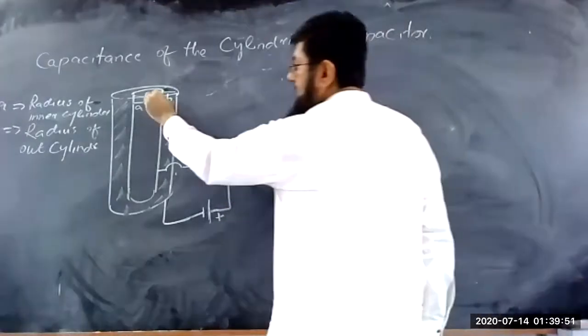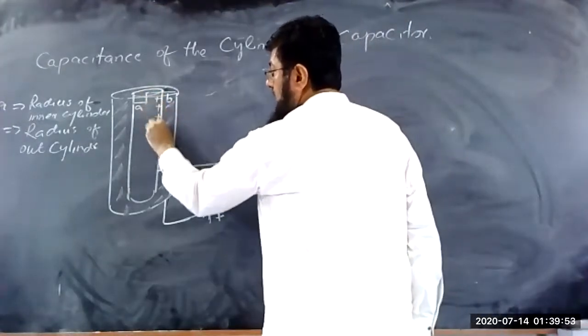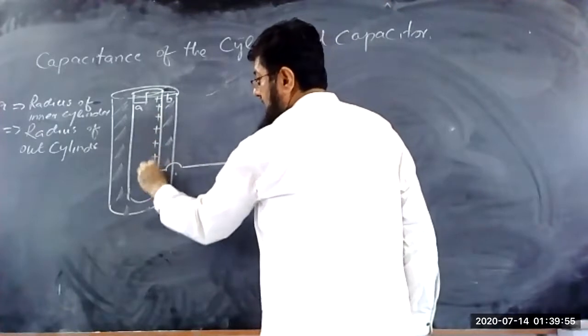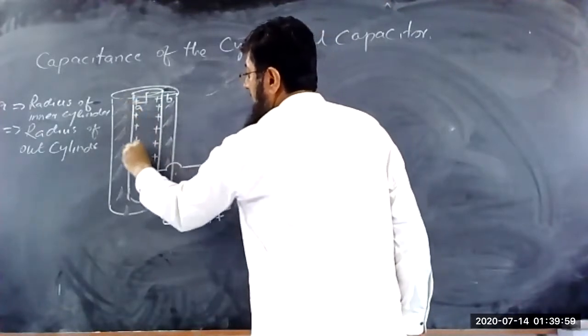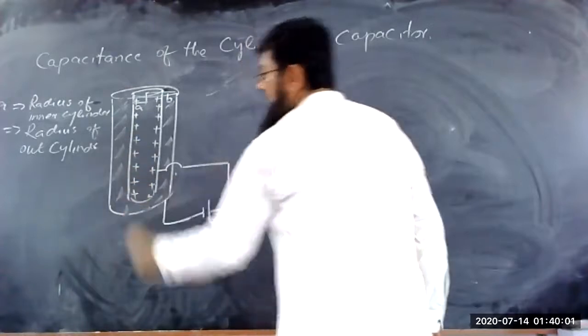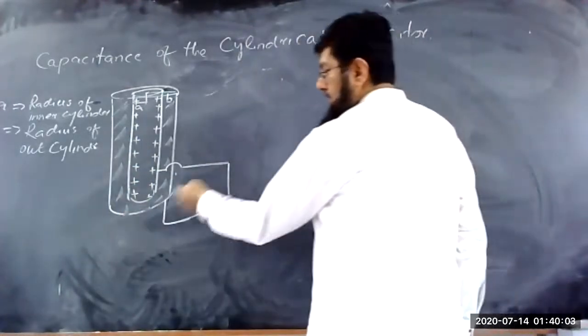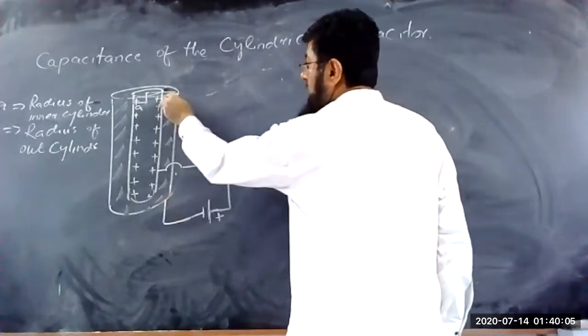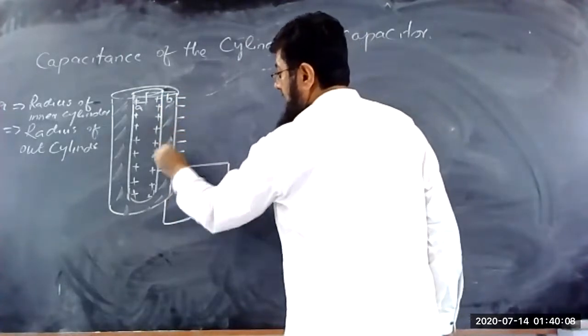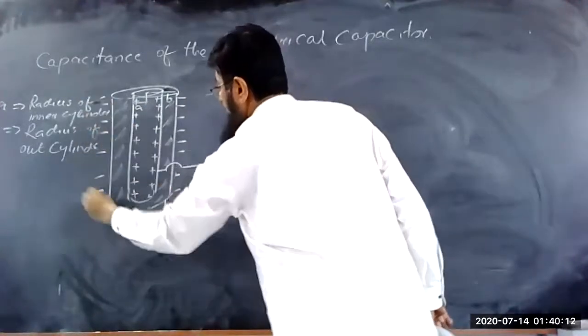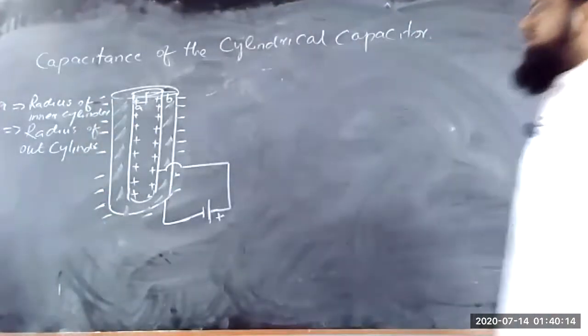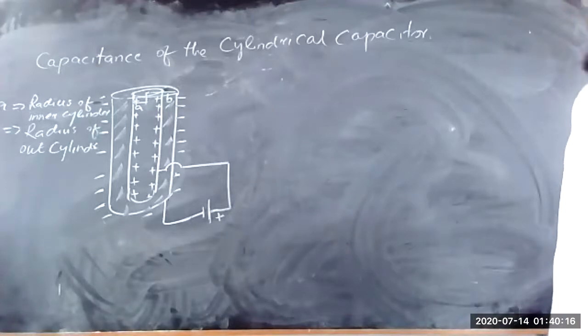So therefore, this inner metal cylinder becomes positively charged, and this outer is connected to the negative, so this is negatively charged. So this is the cylindrical capacitor.